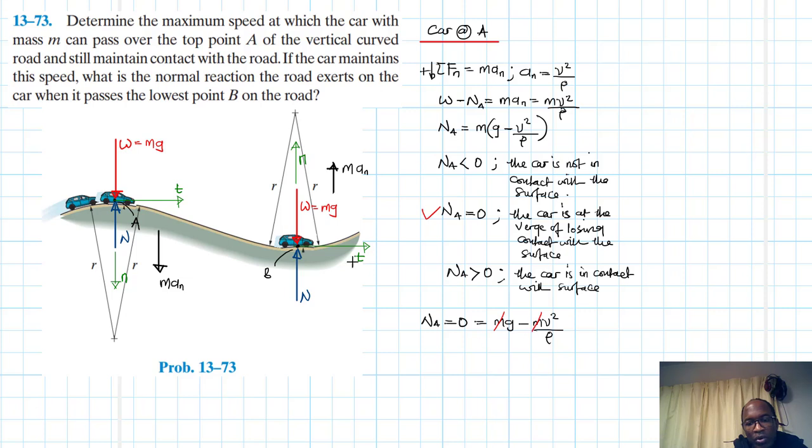Then m and m go. Then our v squared just becomes equal to rho g.